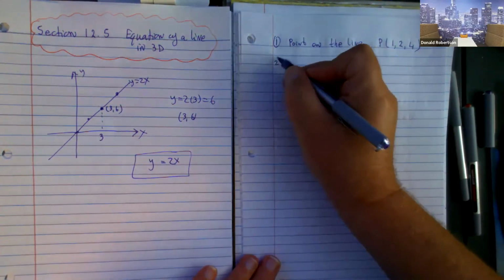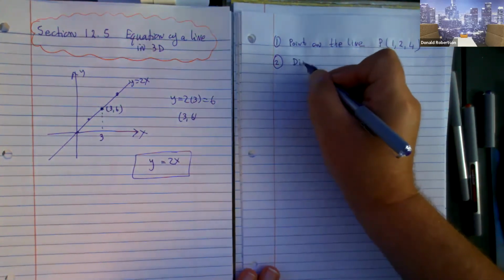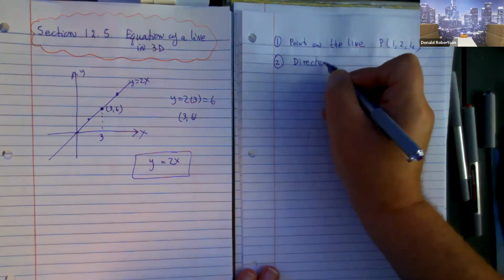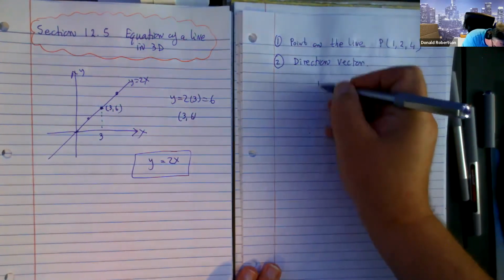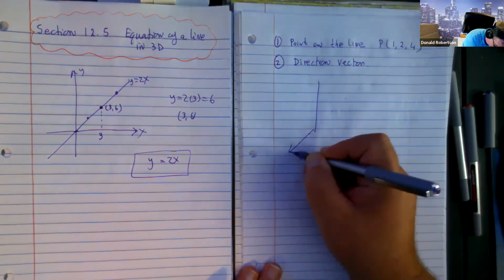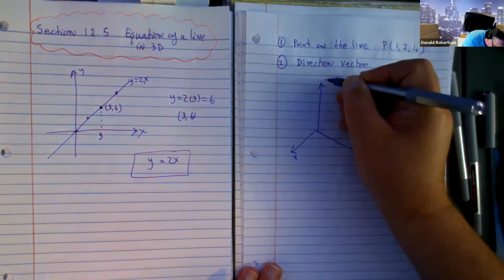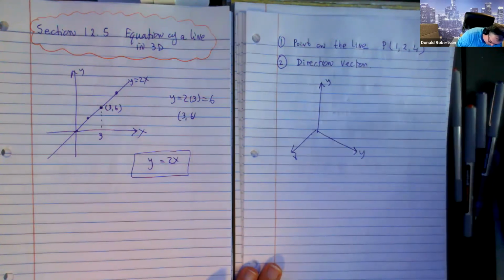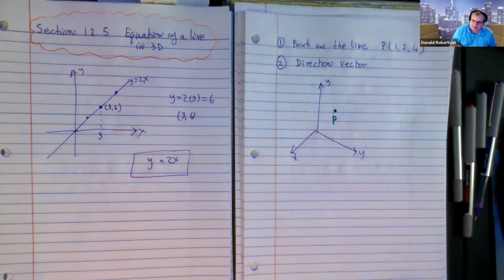The second thing you need is called a direction vector. Rather than me trying to point in 2D space and you're not really seeing what I'm trying to draw, I want you to imagine that that guy there is floating in 3D space. That's where P is, right?